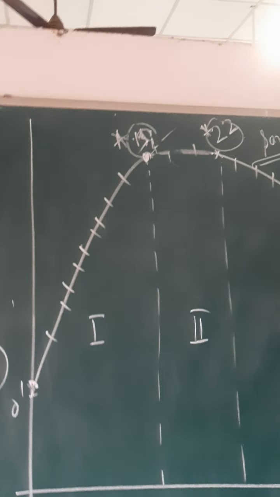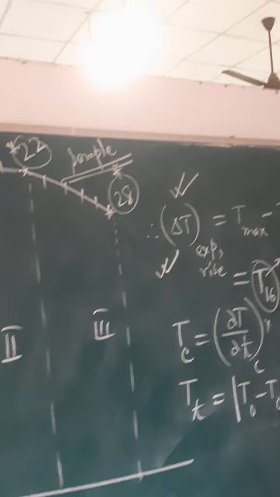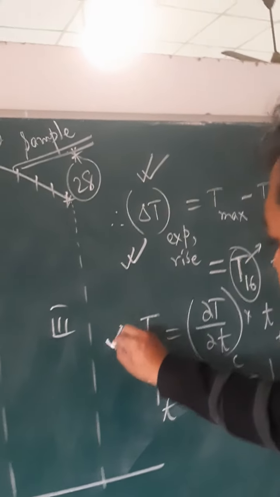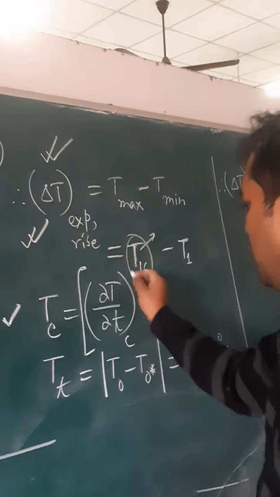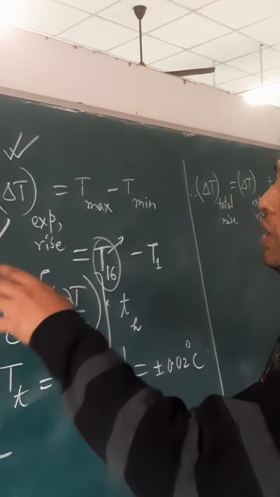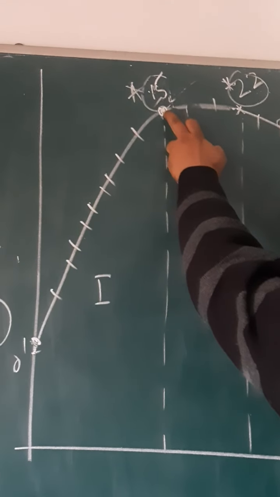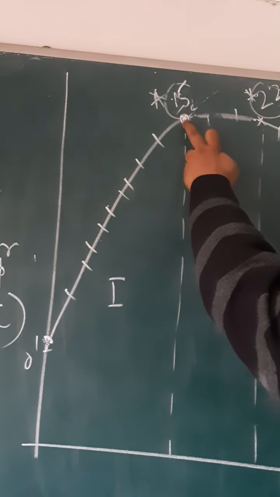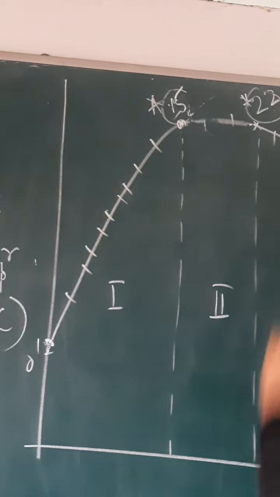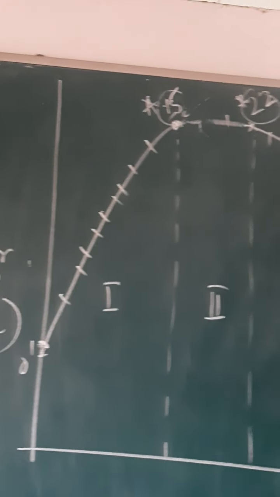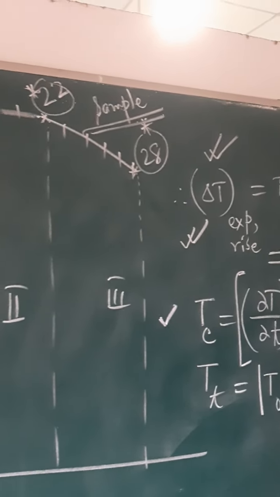From there you find delta T experimental rise, and the cooling correction is the cooling rate into the time for heating. Now if, for example, it is 15, so 1 to 15, the 15th observation row means the time is 15. So TH will be 15. Clear?